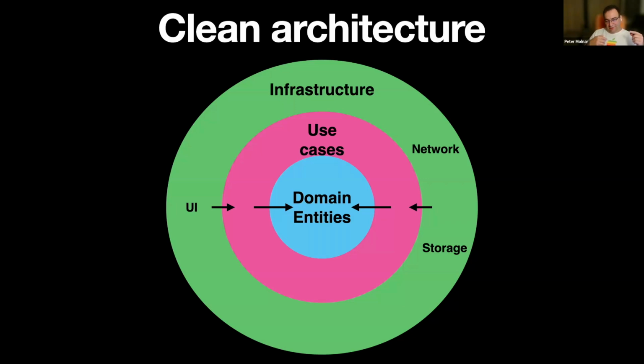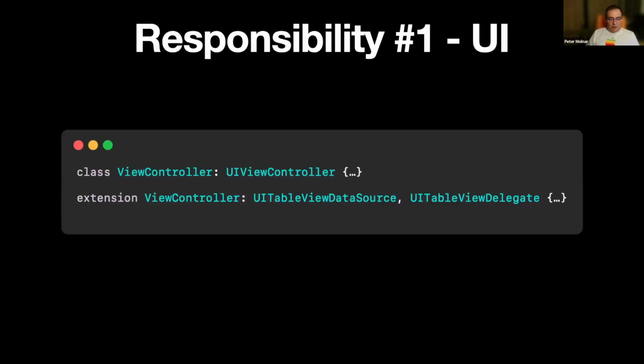The promise, and that's why I like it, is that we should be independent from any framework, like UI, storage, networking, or reactive frameworks. And the business circle should know nothing about the external world. As you can see, the UI is also considered infrastructure, as well as networking or persistency storage. So let's dive into the code and outline the responsibilities, starting with the ones that look familiar.